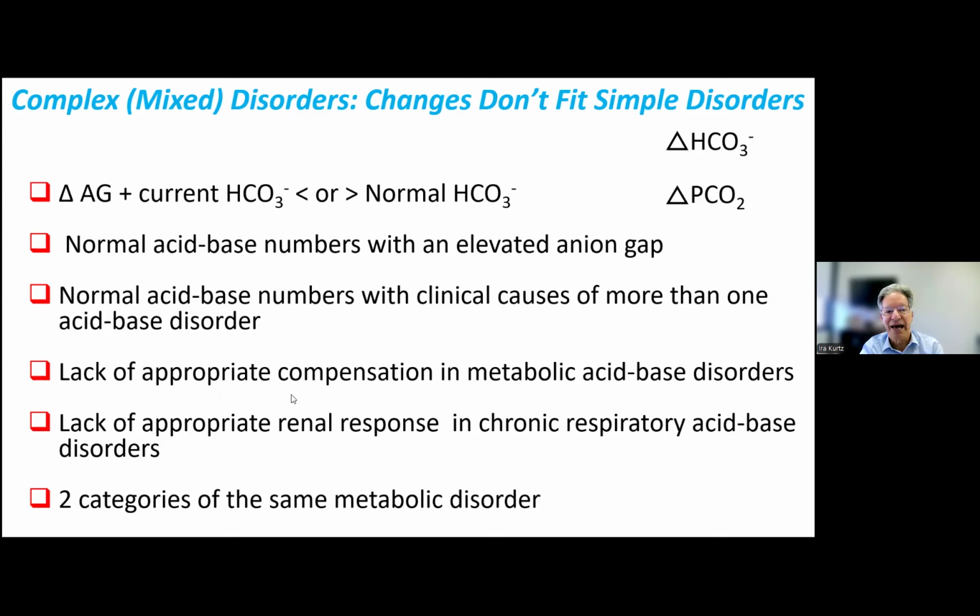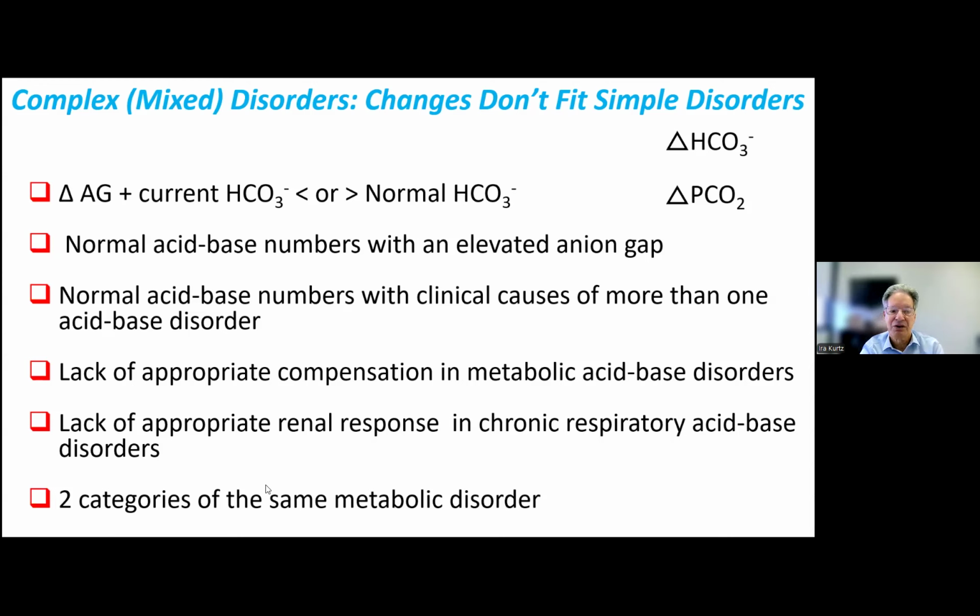If you have a lack of appropriate ventilatory compensation in metabolic acid-base disorders, by definition you have a mixed disorder. Or you could have a lack of appropriate renal response in chronic respiratory acid-base disorders, such as in a patient with CKD or ESRD. You also have a mixed disorder. You could also have two categories of the same metabolic disorder.